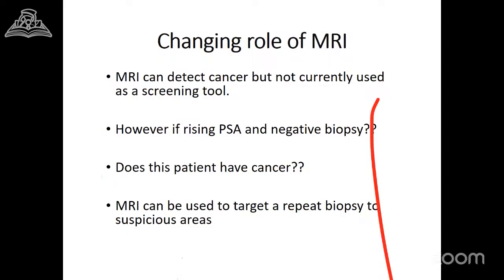However, in cases where there is a rising PSA but a previous biopsy is negative, the question arises: does the patient still have an underlying cancer? In this situation, MRI becomes very valuable by identifying suspicious lesions and guiding targeted repeat biopsy, improving the detection of clinically significant disease.